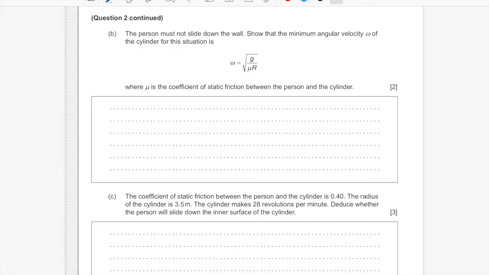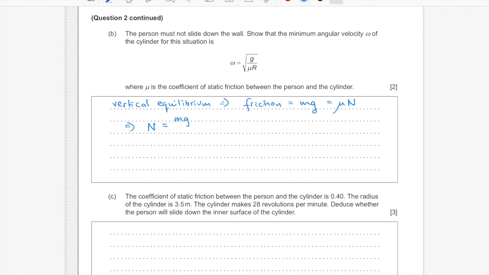Then we have to show that the minimum angular velocity is given by this. Like I said, he's in vertical equilibrium, so the friction force equals the weight. Friction is mu times the normal force, the coefficient of friction times the normal force. From this we get the normal force as mg over mu.